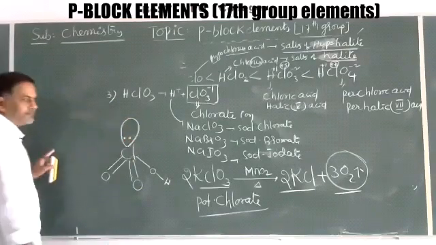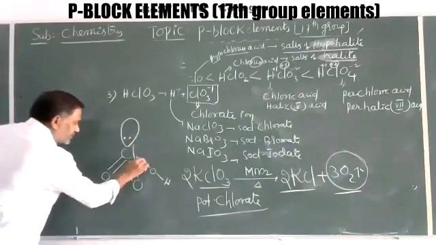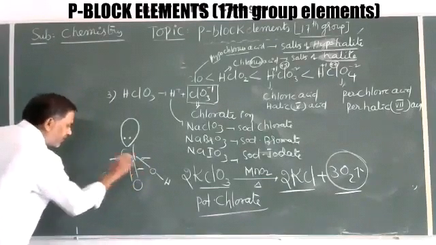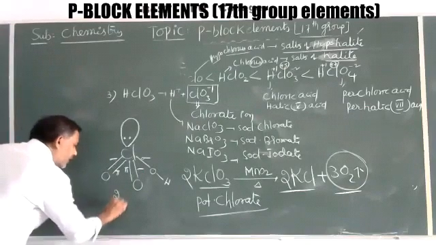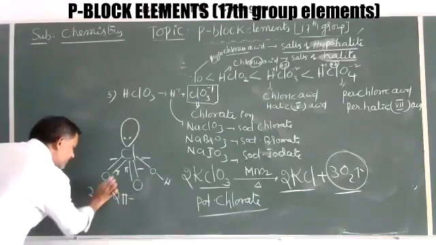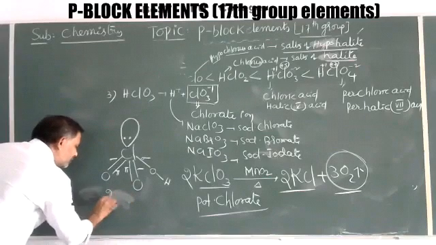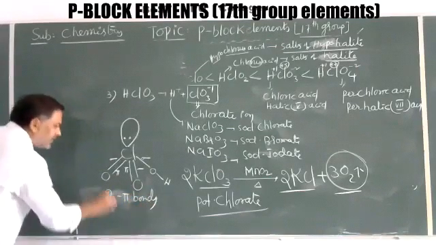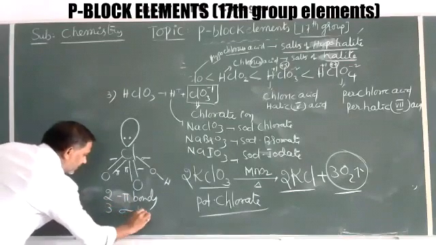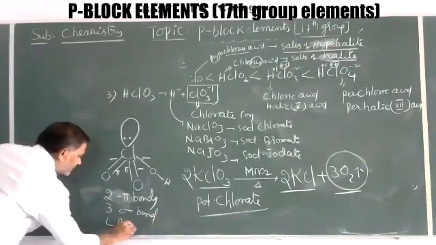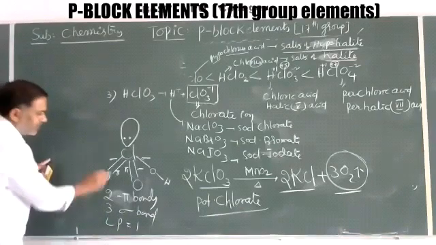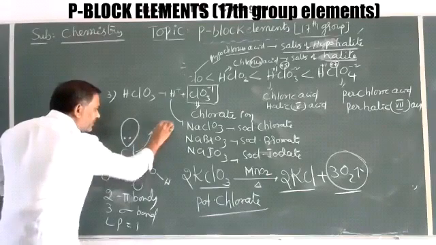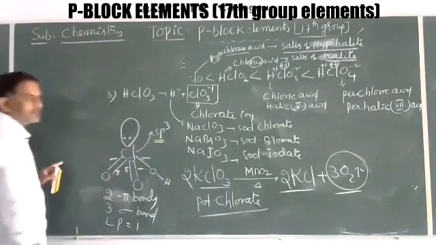There are 3 sigma bonds, and the remaining 2 are pi bonds. Here 2 pi bonds are present. Sigma bonds: 3, and lone pair LP equals 1. Since there are 3 sigma bonds and 1 lone pair, this chlorine atom undergoes sp3 hybridization.